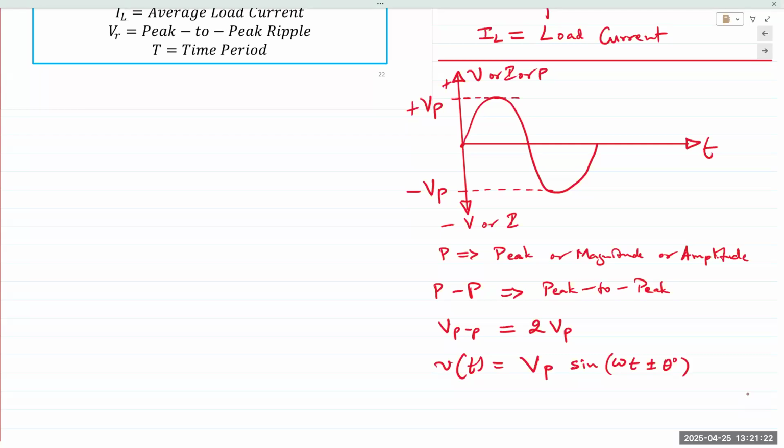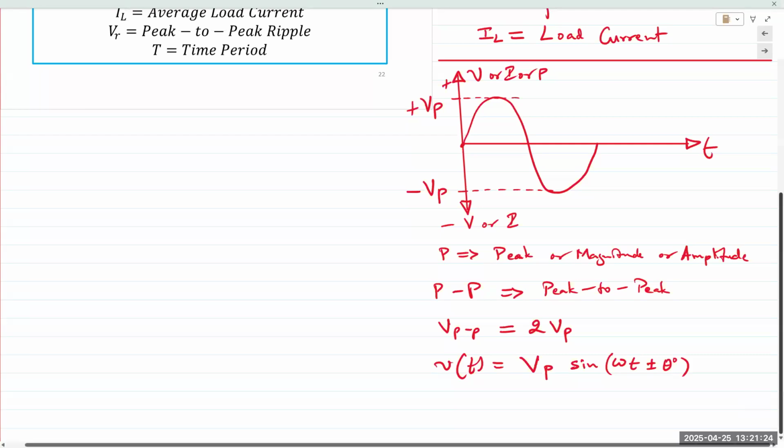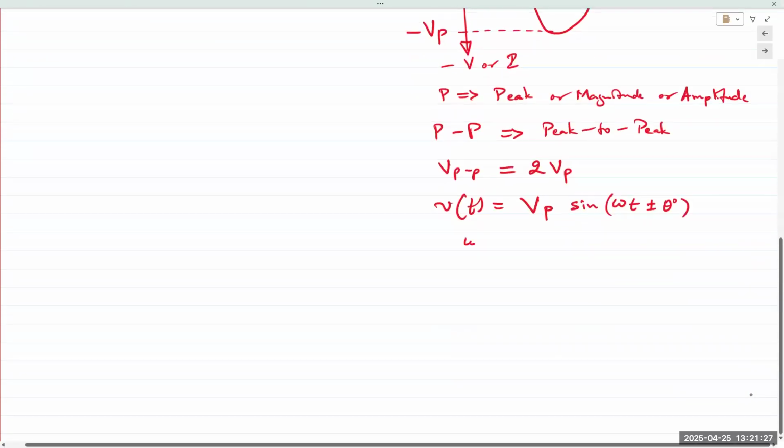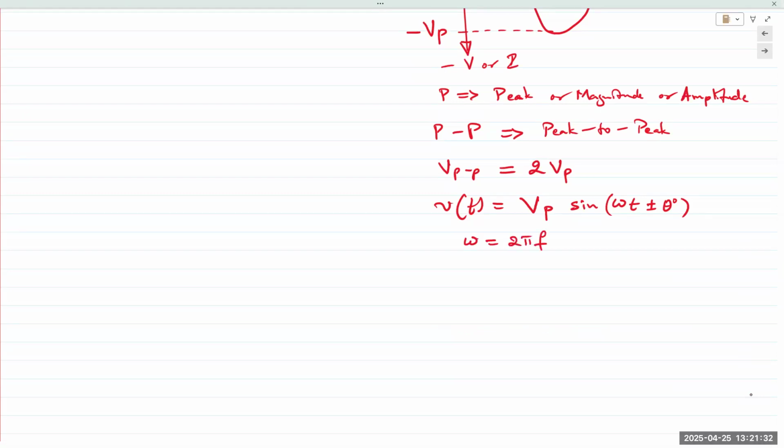F is the frequency in hertz, and f, of course, is the inverse of time, 1 over T, the time period. So three quantities: VP sine omega t. Omega is the frequency, VP is the peak value, meaning on the y-axis, and the theta angle is the phase difference, the phase shift from the zero value. You won't worry about all of that because I'm assuming you've covered all of that in 115.